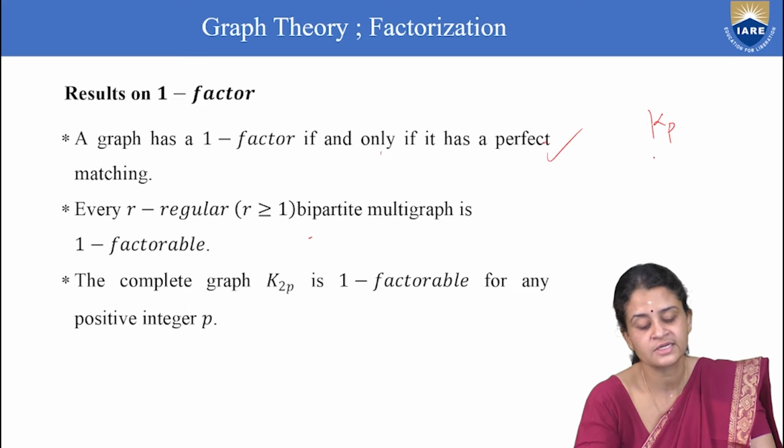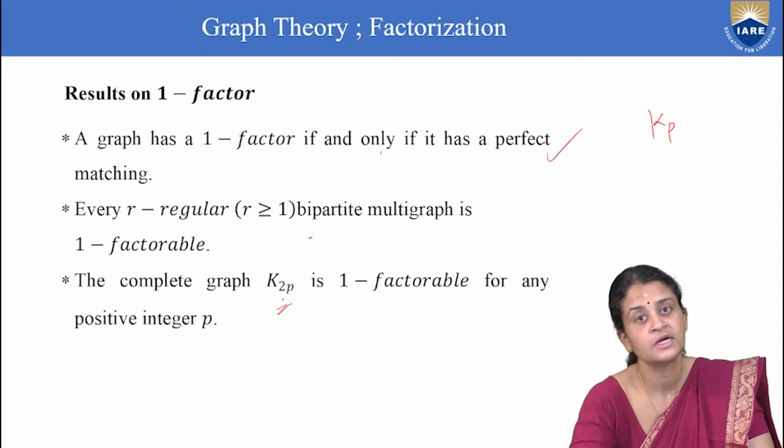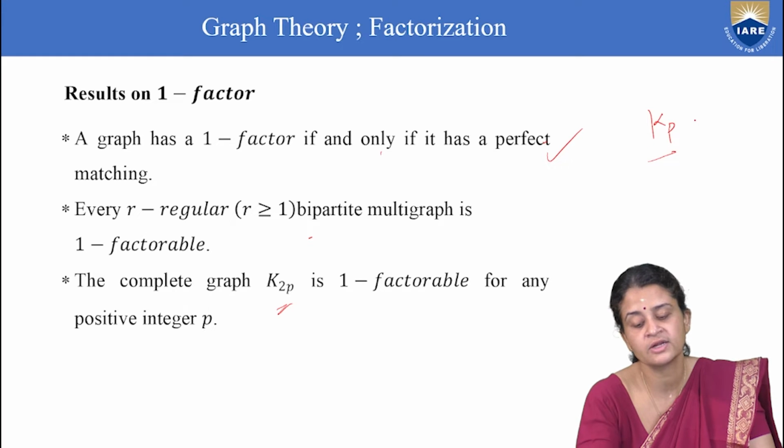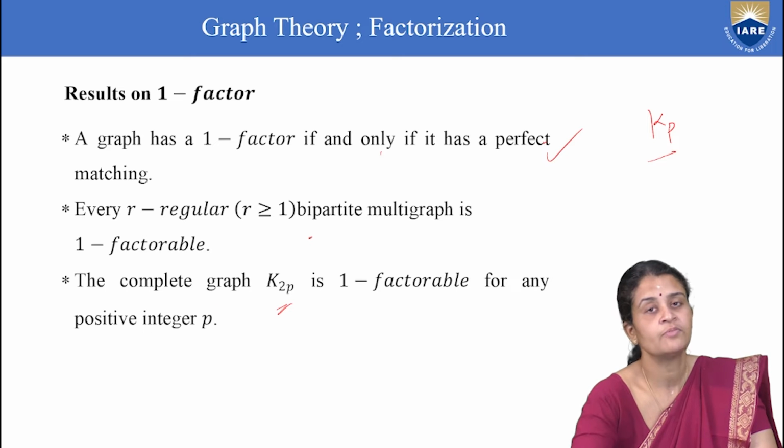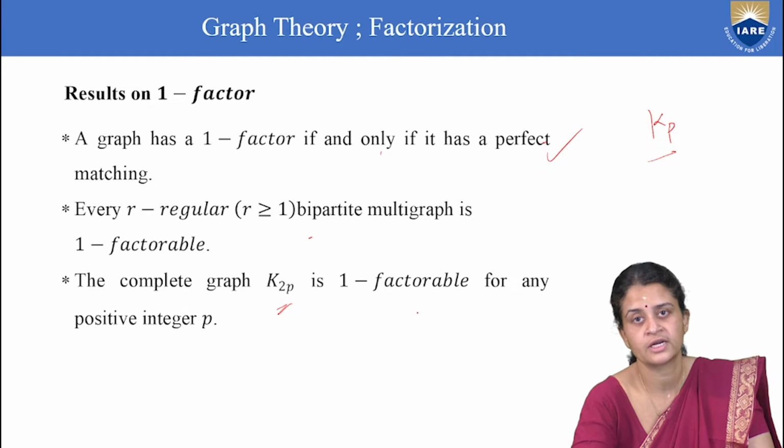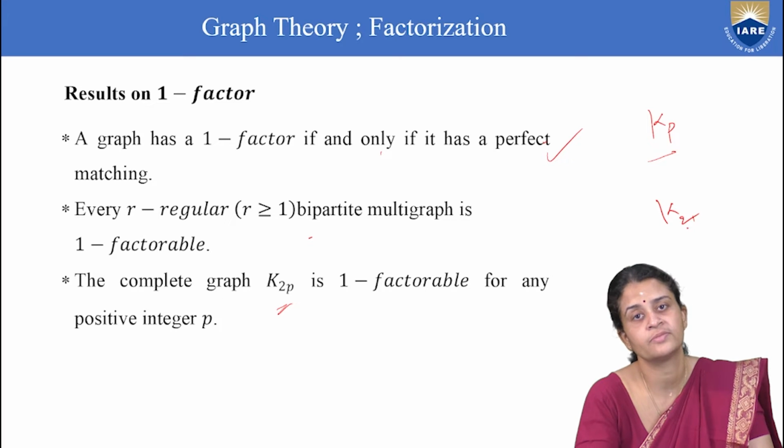Remember here it is 2p, for every even order. That is, every complete graph K2p is one-factorable for every positive integer p. You can see with K2, K4 and so on, that they are one-factorable.